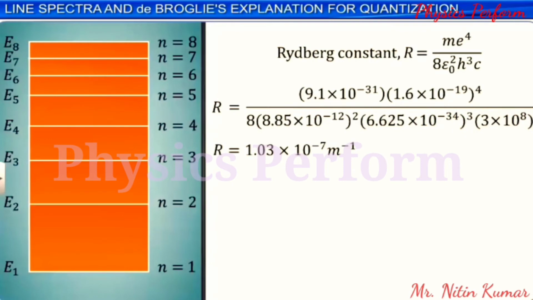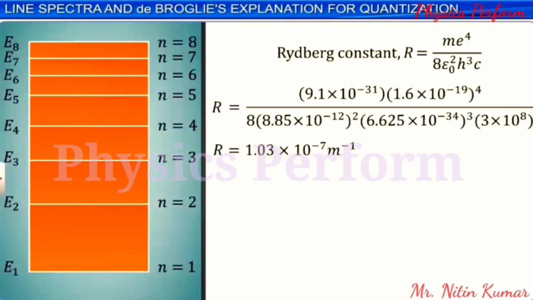This value of R is very close to 1.097 into 10 to the power 7 per meter, which is obtained from the empirical formula of Balmer. This agreement between the theoretical and experimental values of Rydberg's constant provided a direct and striking confirmation of the Bohr's model of the atom.